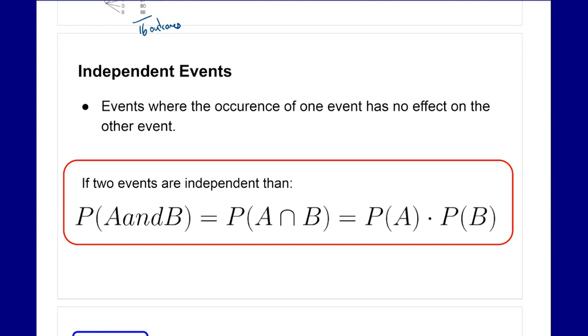If they are independent, the probability of A and B, or A intersect B, is equal to the probability of A times the probability of B. So the key thing here is that we're multiplying 2 probabilities together when they're independent.